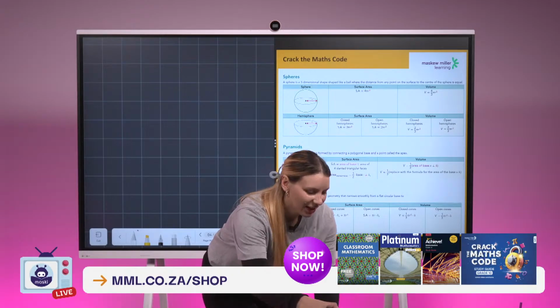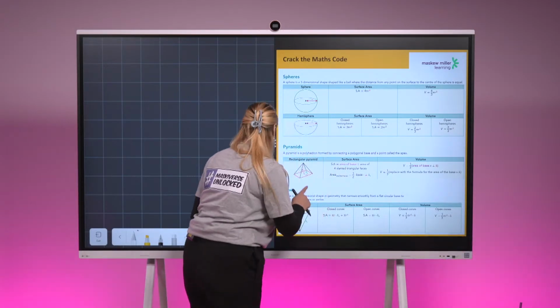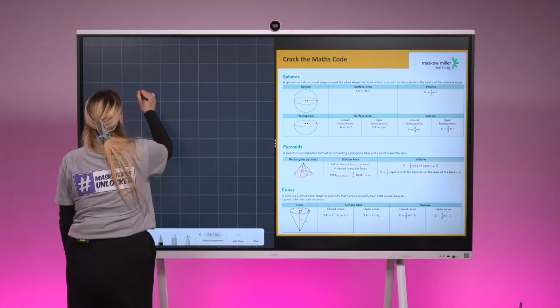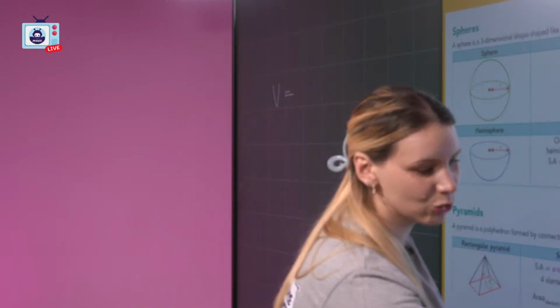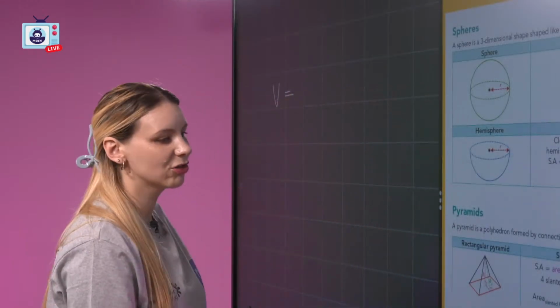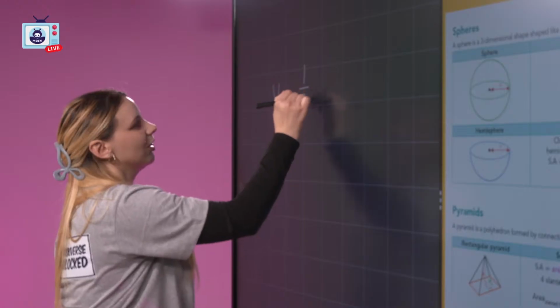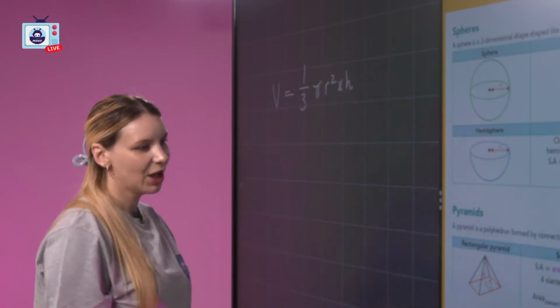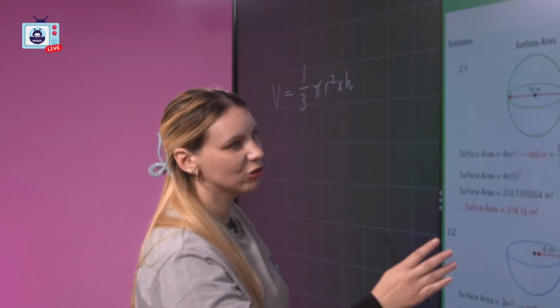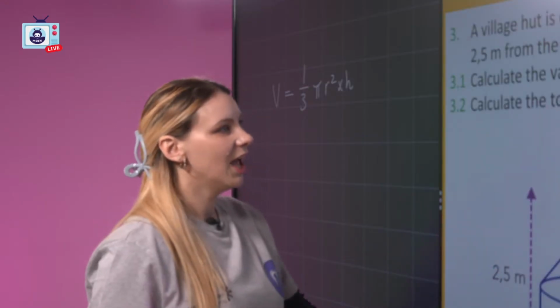So let us get our formula for volume. The volume is 1/3 pi r squared times my height.